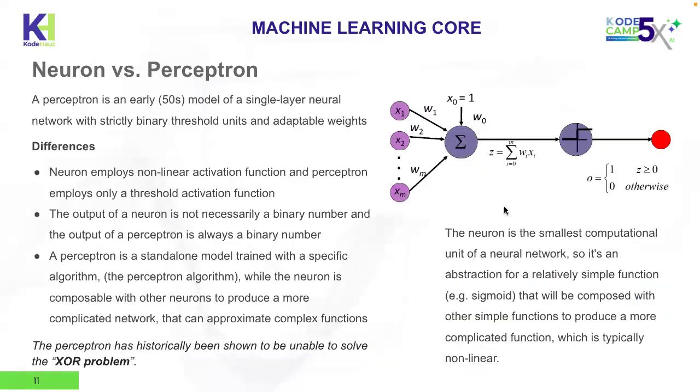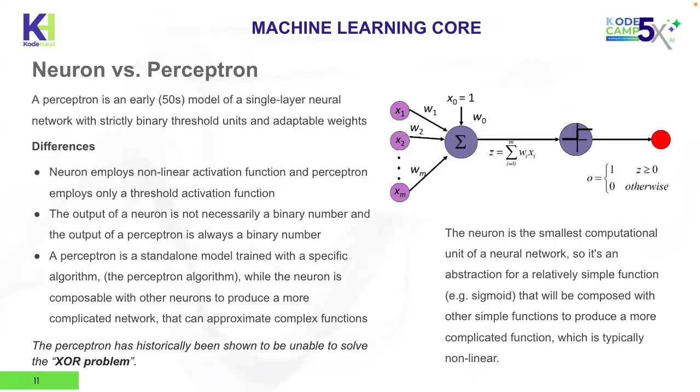So let's look at the difference between a neuron and a perceptron. A perceptron is an early model of a single layer neural network. You can see that they use the terminology single layer. It's not even a single neuron. So a perceptron can also refer to the entire layer.